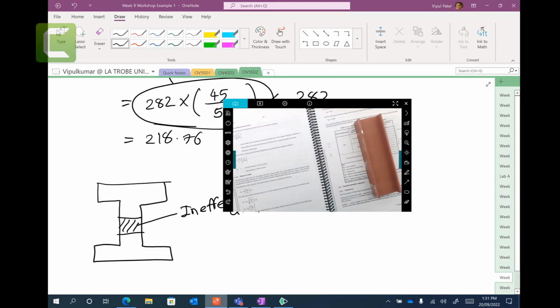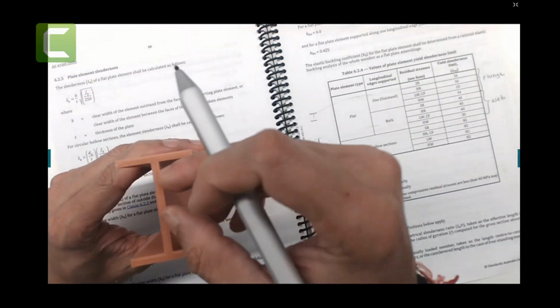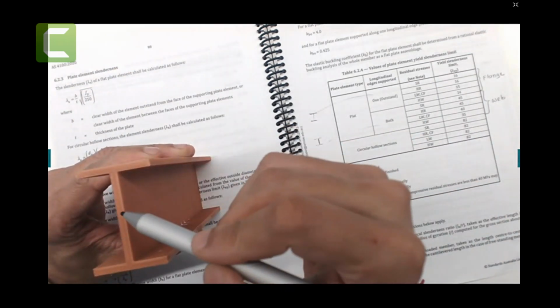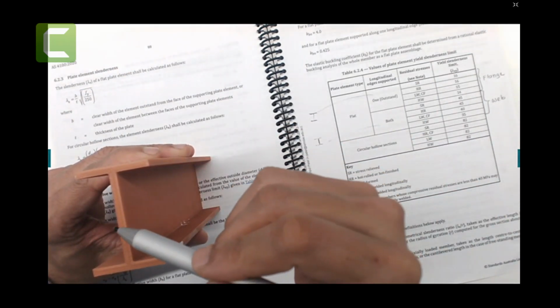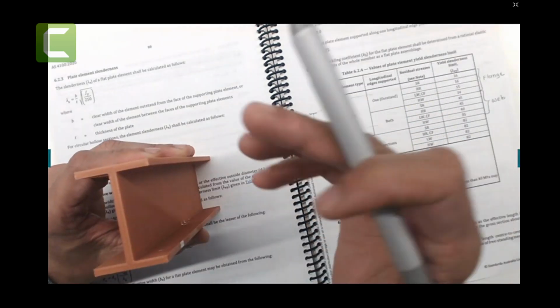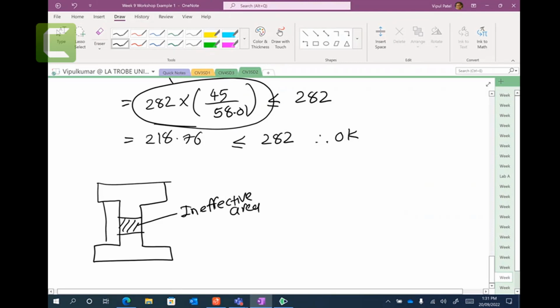Meaning when this buckling occurs, this part is going to pop out. Right? So the standard says that you take this one off. We don't want this part because it will not contribute in carrying the loads because it's buckled. So how much is it going to come out? We can calculate that because this length is 282 millimeters.